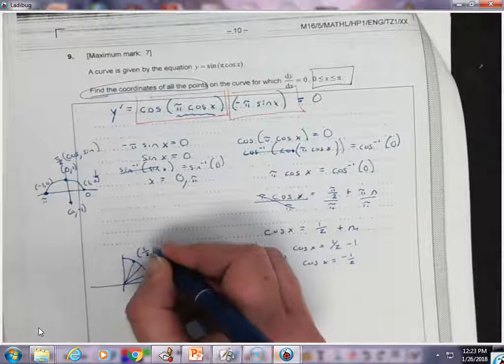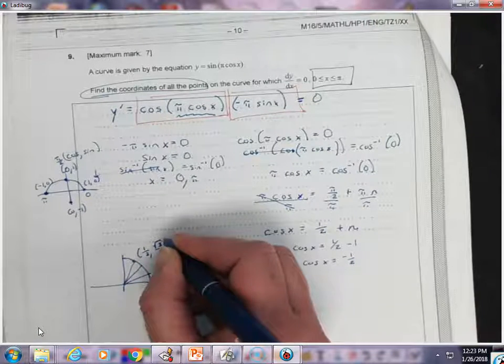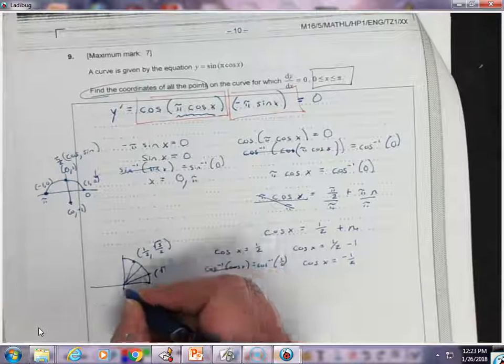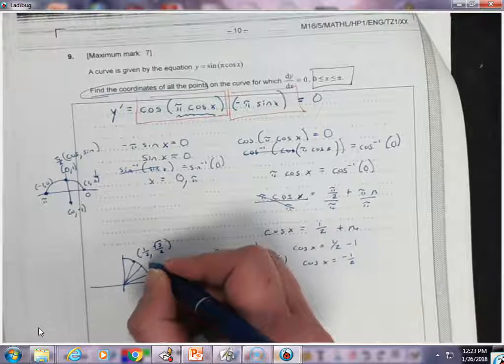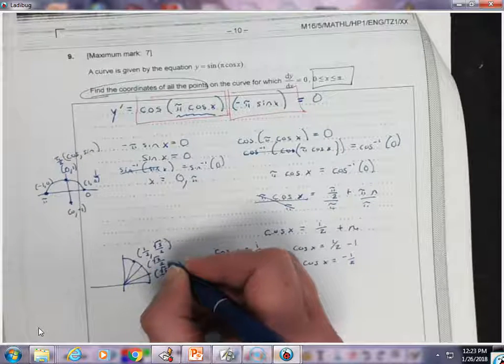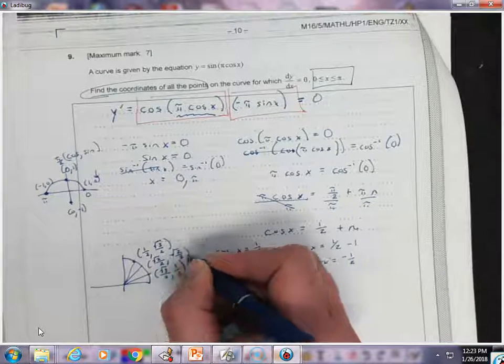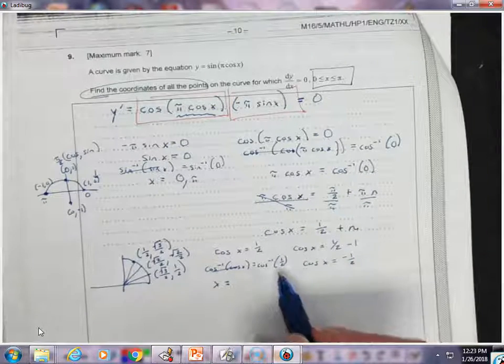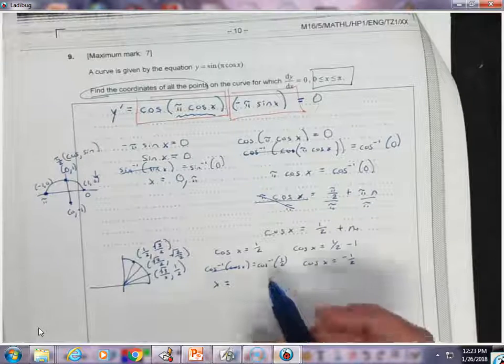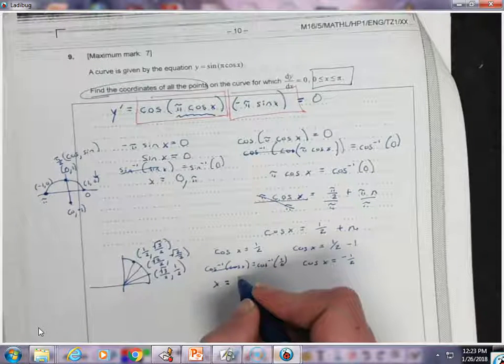I'm not over very much, but I'm up pretty high. Okay, whereas this is to the right. I'm over a long way, but not up very high. And this is the one that's easy because everything matches. Okay, and this is your pi over 6, pi over 4, pi over 3. And so I'm looking for the angle whose cosine is 1/2, and that is pi over 3.